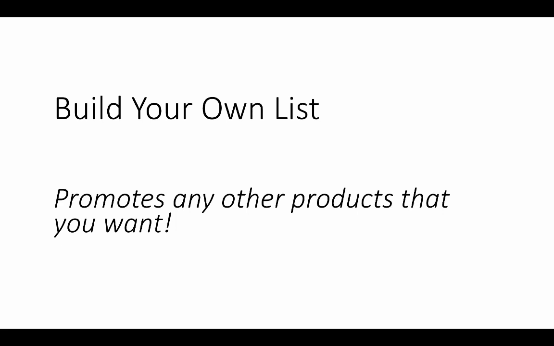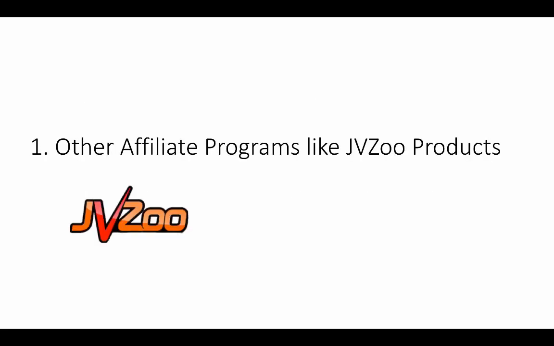Now, going back to this. If you have that, you can email them, whether you want to send them content, introduce yourself, or promote another product. For instance, you could be promoting other affiliate programs like products from JVZoo. JVZoo apparently has a lot of internet marketing products.